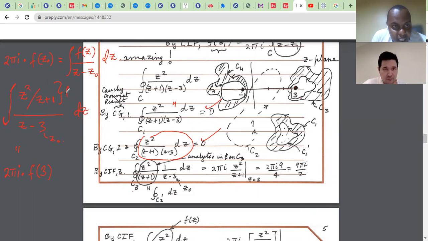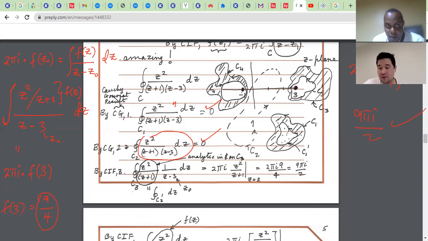This is f of Z. So f of 3 is going to be 3 squared, 9, over 3 plus 1, which is 4. So 9 over 4, right? The integral will be 2 pi I multiplied by 9 over 4, which becomes 9 pi I over 2. But I didn't understand why 2 pi I.